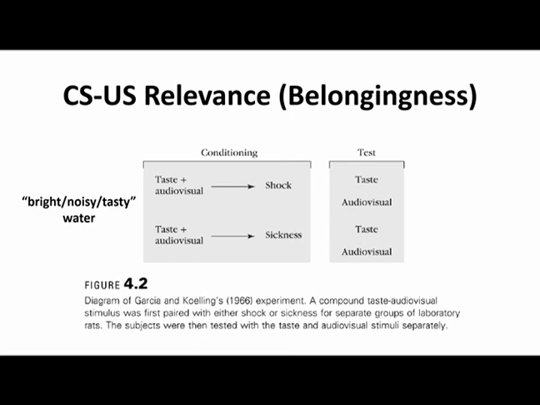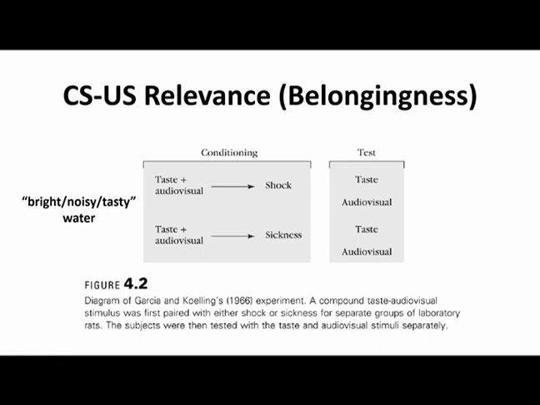But what we want to do next is, in our test trials, pick apart both of the pieces of our compound stimulus. So we could look at the taste and that audio-visual cue separately. For our test trials, the rats would be exposed to either sweet or salty water, so just tasty water, or they would be exposed to noisy, bright water, where there would be that auditory cue and a visual cue, but not together anymore.